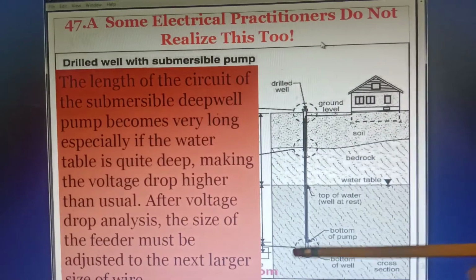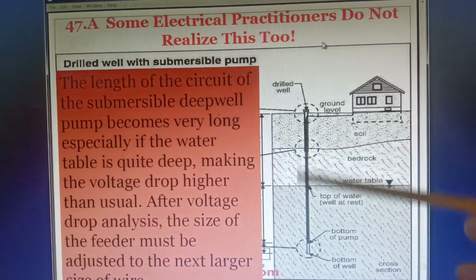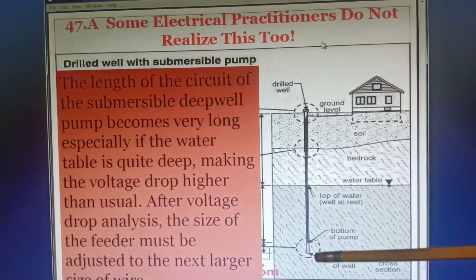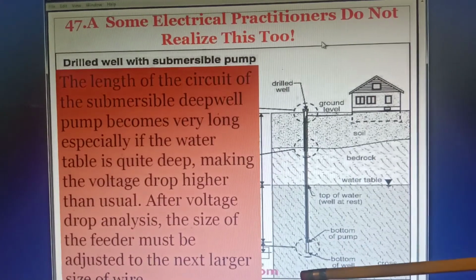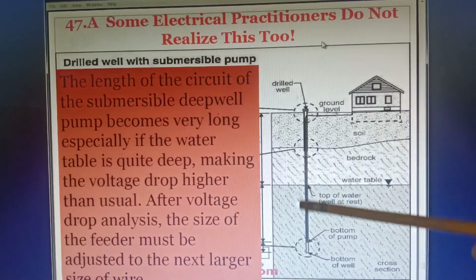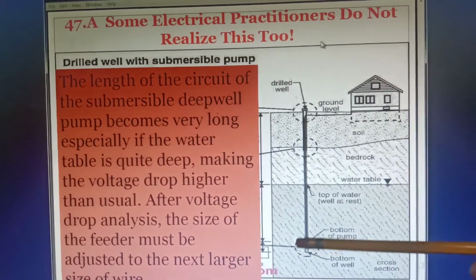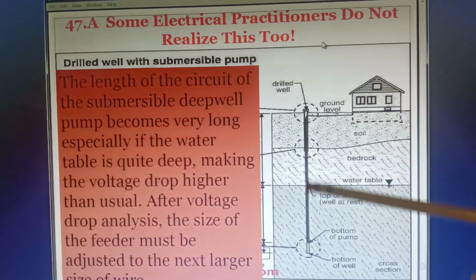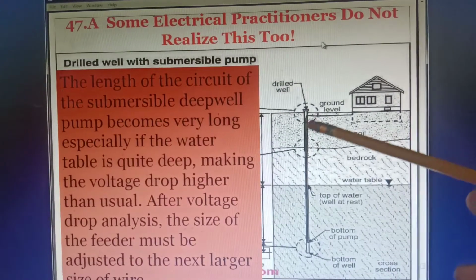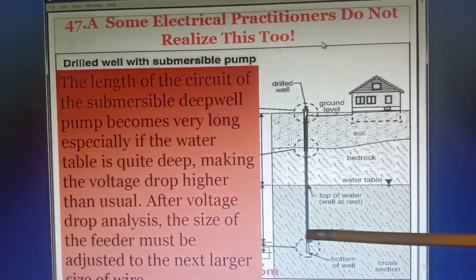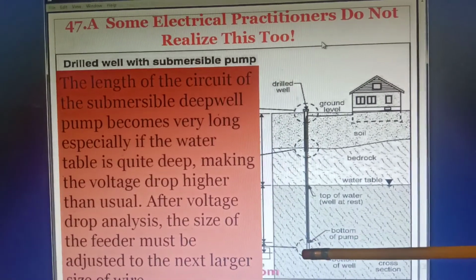So very important, therefore, if you do not consider voltage drop in sizing the feeder, if the voltage drop is too big, then if the system is 220 volts, if the voltage here has become, say, 180 volts or 160 volts, then the reduction in the voltage will create high starting currents or running currents, and therefore it will make the life or the operation of the deep well motor not good.